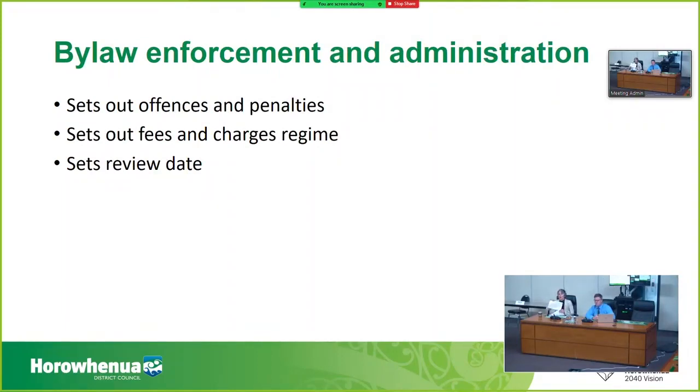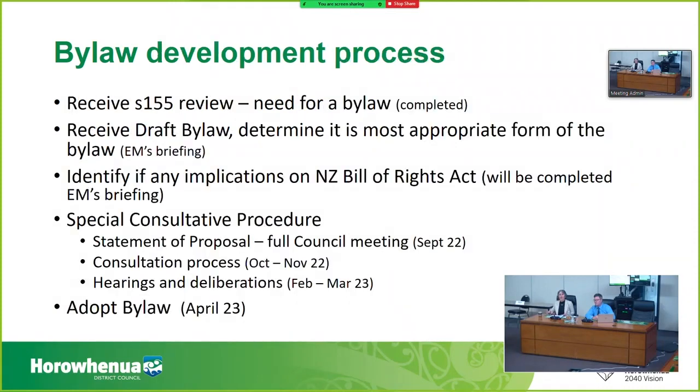Bylaw enforcement and administration. This one sets out the offences and penalties, sets out the fees and charges regime, and sets a review date. So the bylaw development process, as I mentioned earlier on: it has received the section 155 review and need for a bylaw. So that's completed and that will be shared.